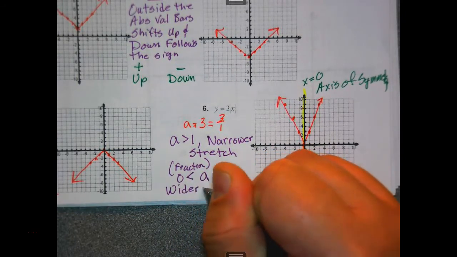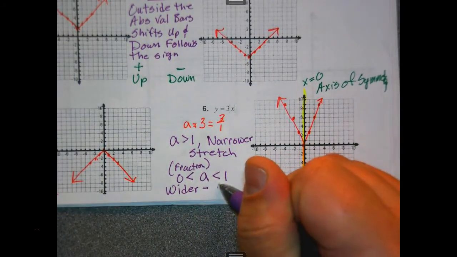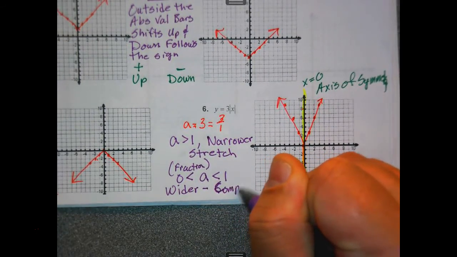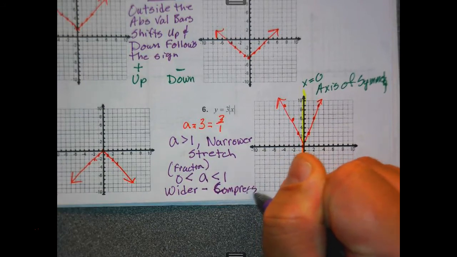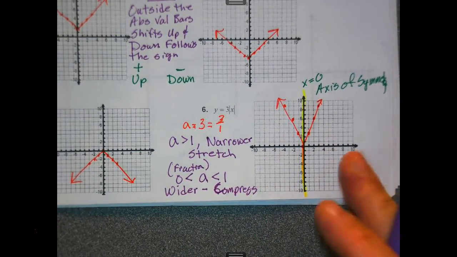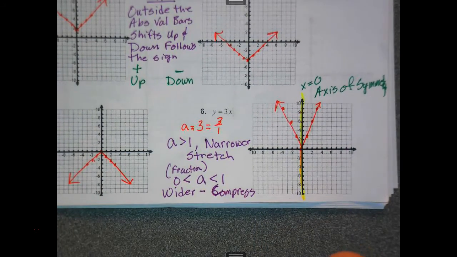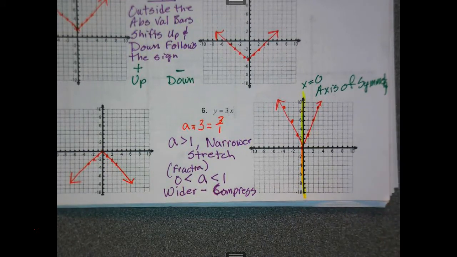We have a mathematical term for wider. It's called compressed. Okay? Now, you don't have to use the mathematical terms, but it would be nice if you're going to go on in mathematics to learn those. If you put down wider, narrower, that's good for this class.